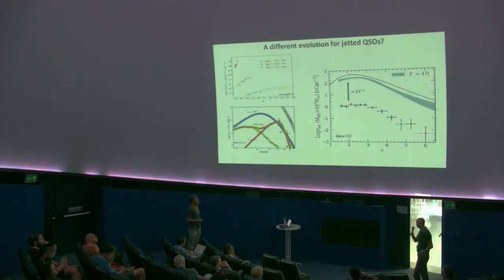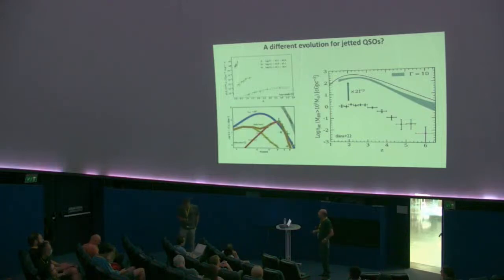Other questions? I have one. Maybe it's naive, but the presence of so many jetted AGN at high redshift, is this consistent with the accretion law that I think happened in the local universe? Is it lower mass and highly accreting?